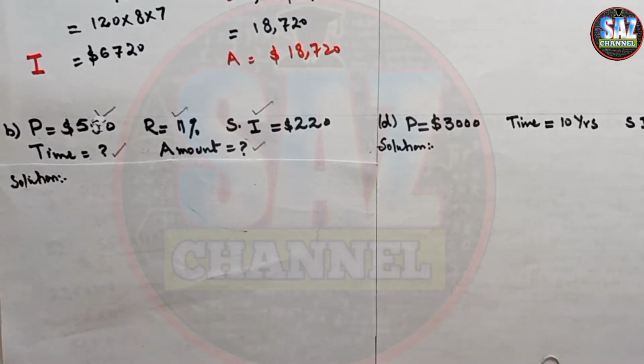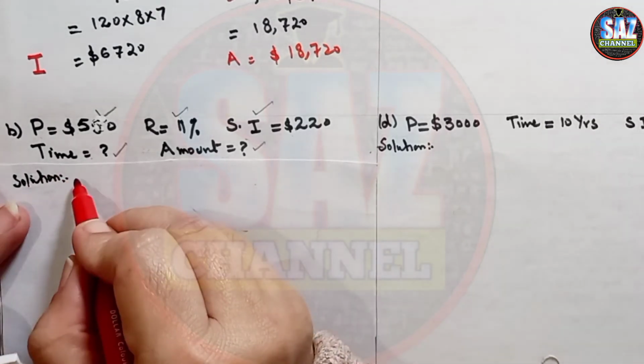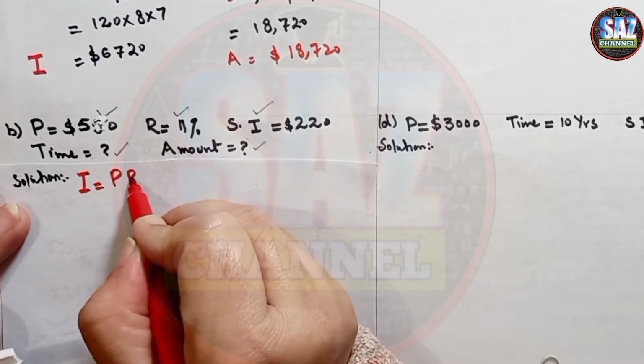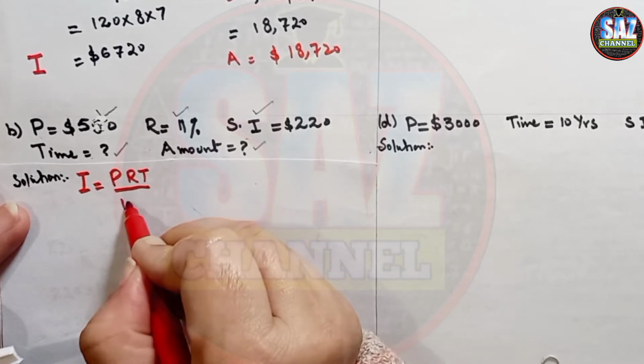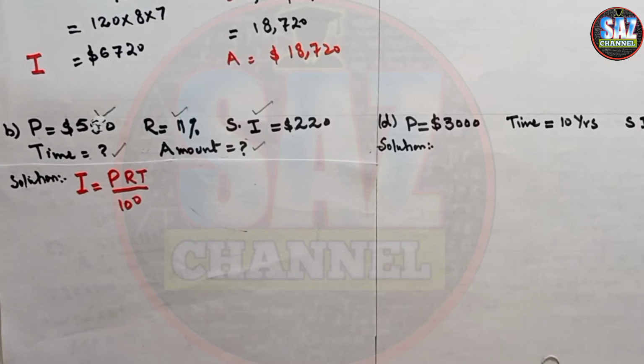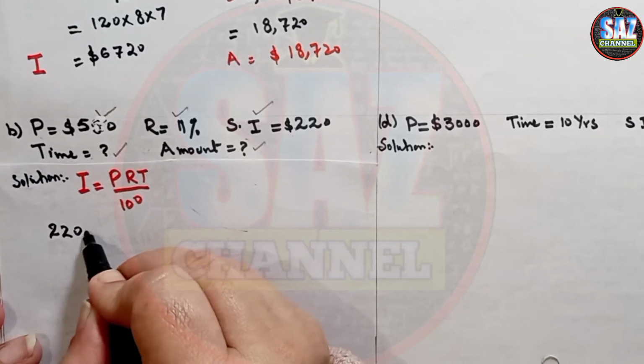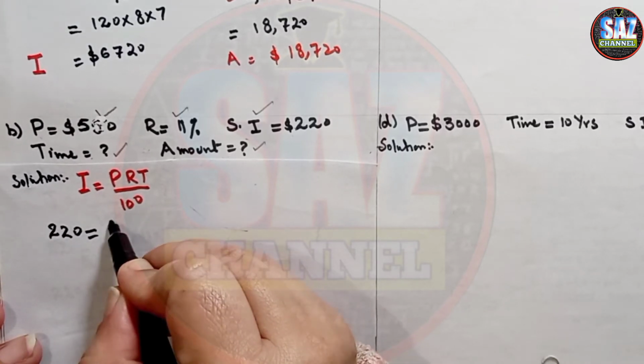We know that the formula for simple interest is I equals PRT upon 100. Now, instead of simple interest I have to replace 220 equals, principal amount is $500.